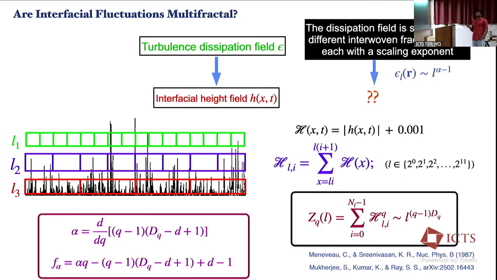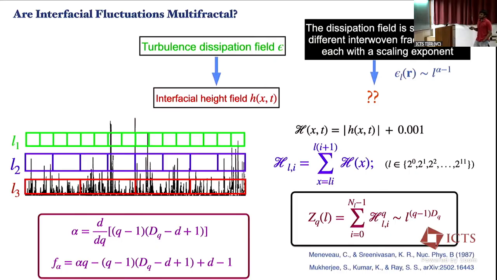Kolmogorov said alpha is equal to 1. So as you increase the size of the ball of radius L, the mean value would not change; the average dissipation would not have changed. But later, doing numerical simulations, people have found a range of scaling exponents.